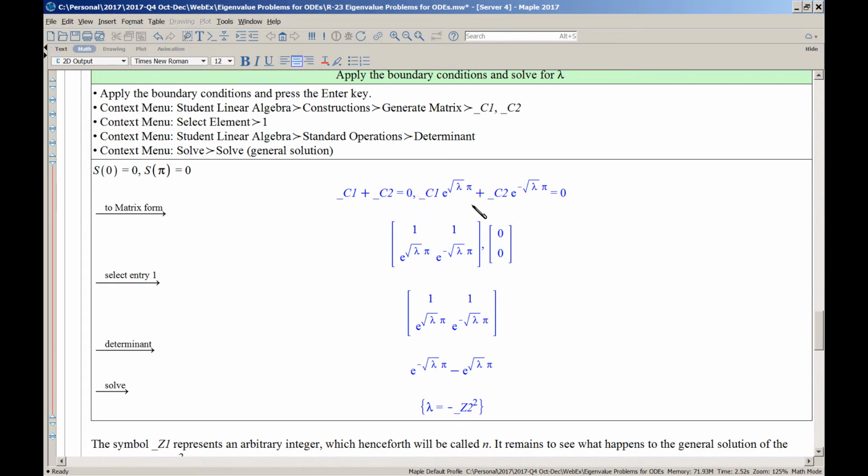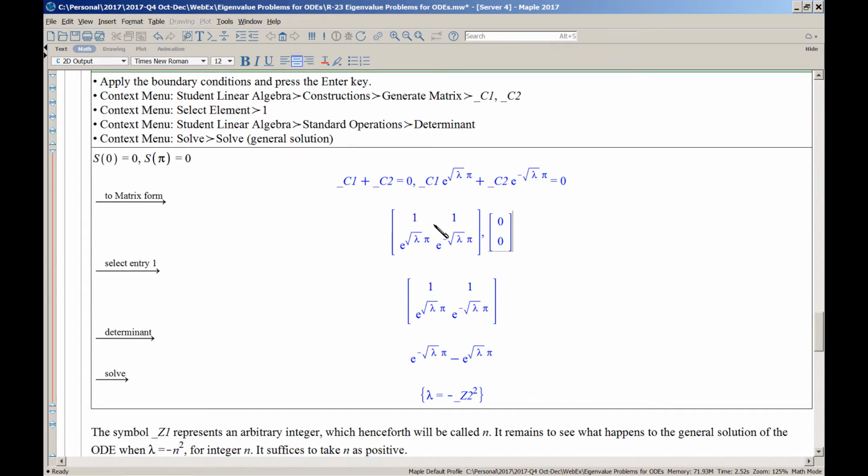Using the context menu, we put these equations into matrix vector form. The right hand sides are 0. The unknowns are C1 and C2, underscore C1 and C2. Grab this matrix, and in order for there to be non-trivial solutions, the determinant of this matrix has to be 0.